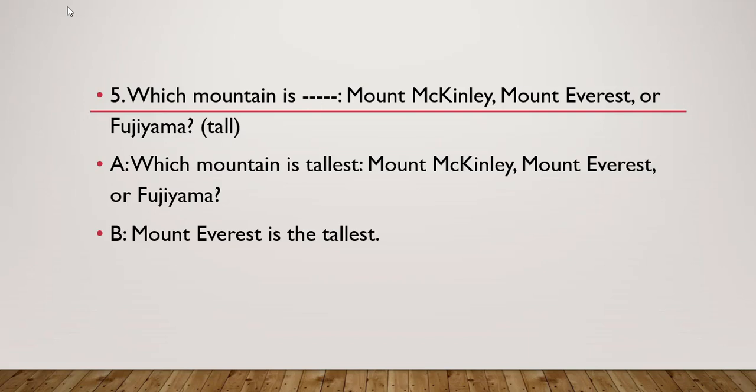We have 3 mountains here, and because we have 3 mountains, we are using the superlative form of the adjective, which is tallest. So which is tallest among the 3 mountains? And so we say Mount Everest is the tallest.